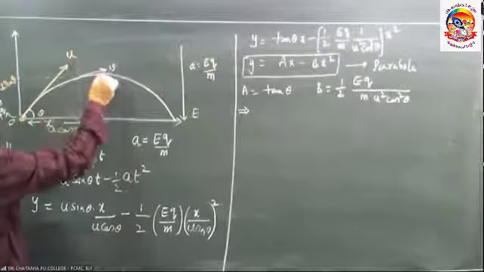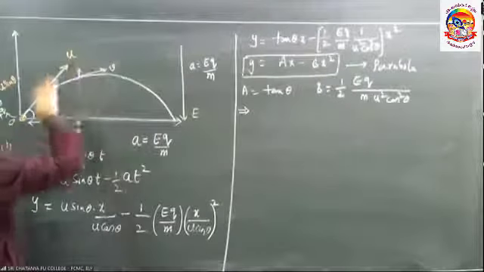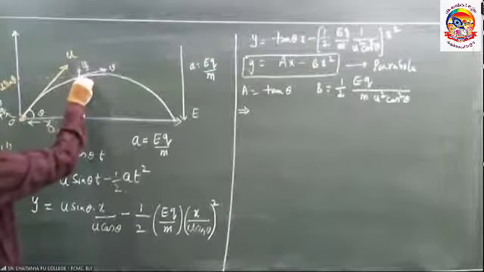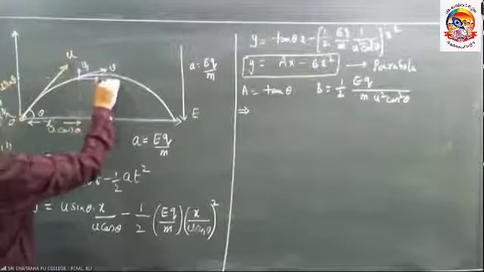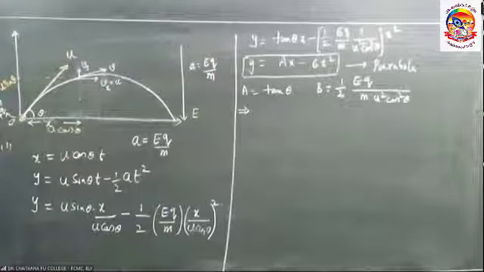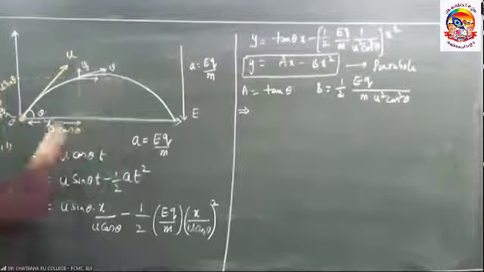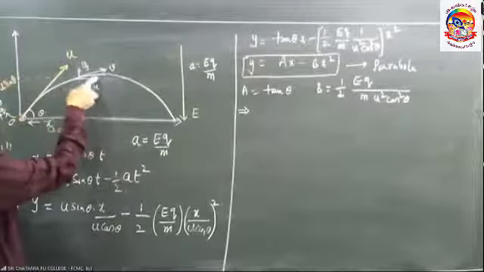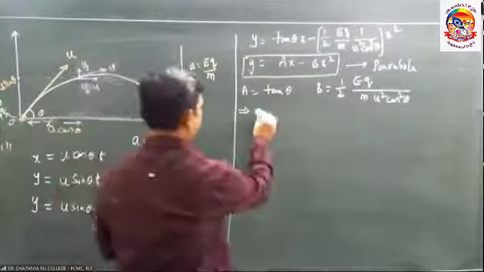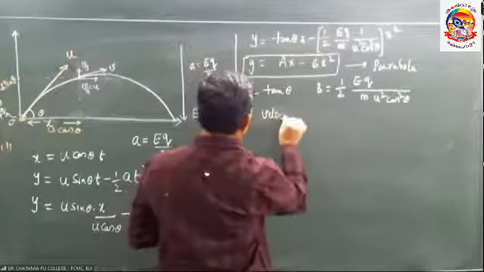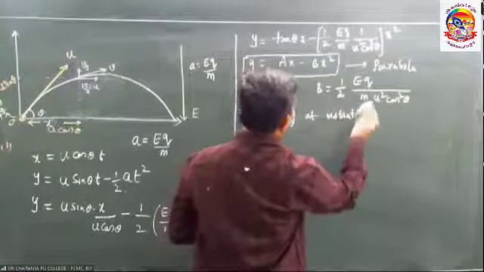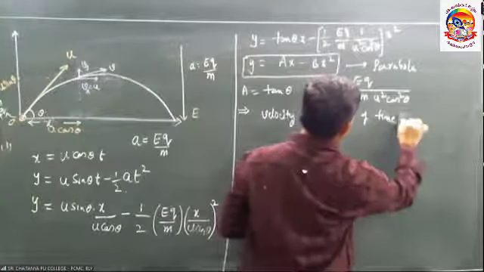It moves up to the maximum height. As it is moving up, we know vertical velocity decreases. Horizontal velocity does not change. Vx is equal to u cos theta only, right? So this is horizontal velocity, this is vertical velocity, this is V. Then what is the final velocity at instant of time t?